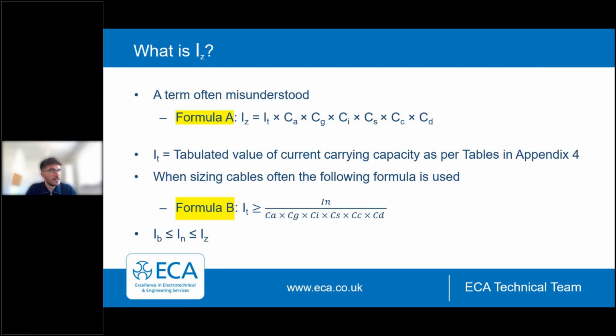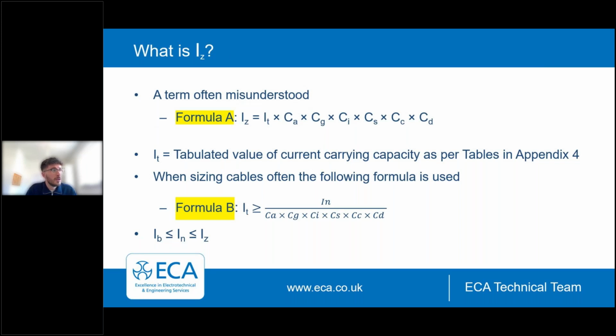So the IZ would be equal to IT. Now, IT is the tabulated value of current carrying capacity, and that would be as per the tables in the back of BS 7671 in Appendix 4. And that IT value would be multiplied by any applicable rating factor.